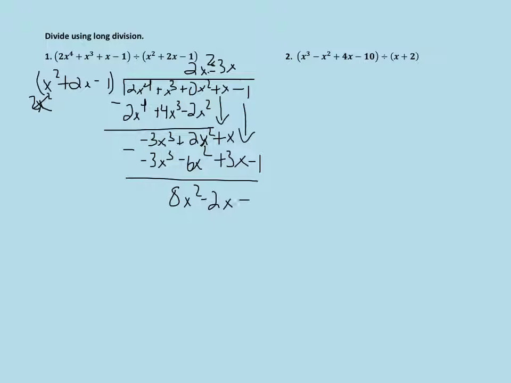Oh, missed it. Bring it all the way down. What do you have to multiply x squared by to have it equal 8x squared? 8. So multiply everything by 8. So 8x squared plus 16x minus 8.